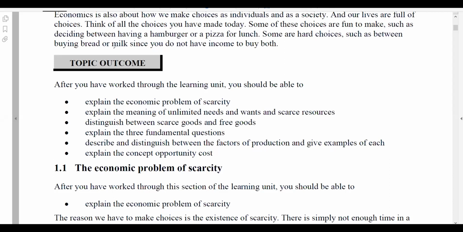So the next aspect, we also want to distinguish between scarce goods and free goods. Okay. Scarce goods and free goods. What do you think are scarce goods?